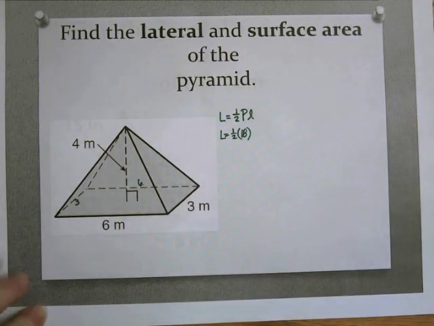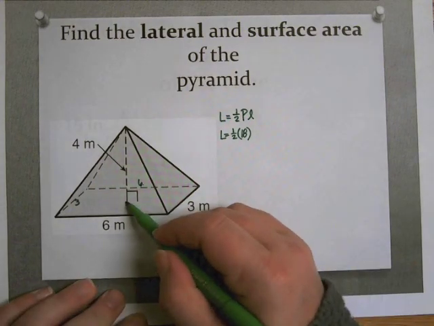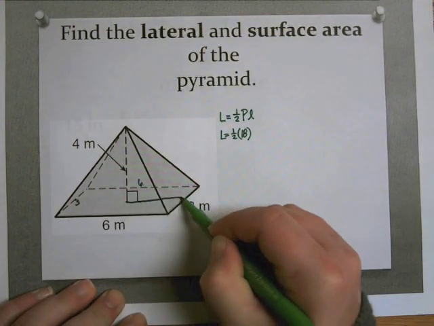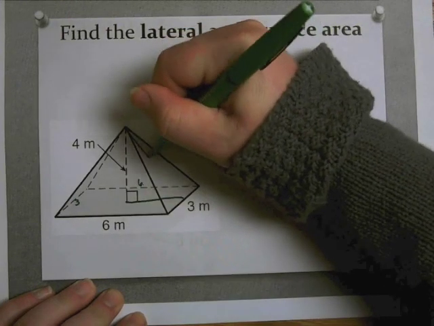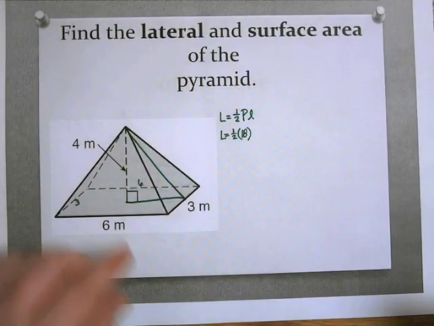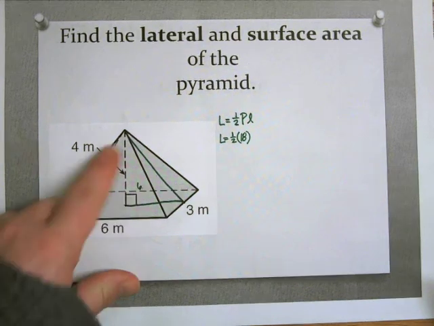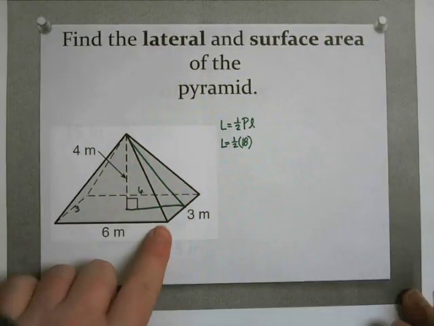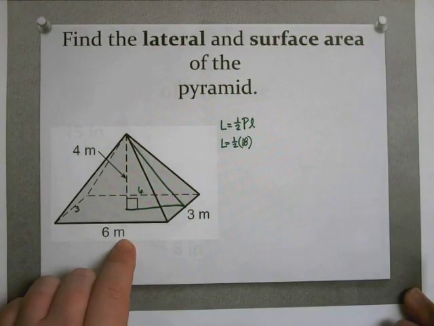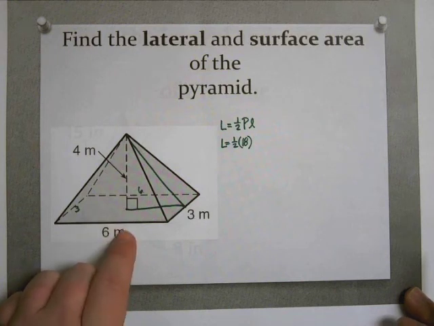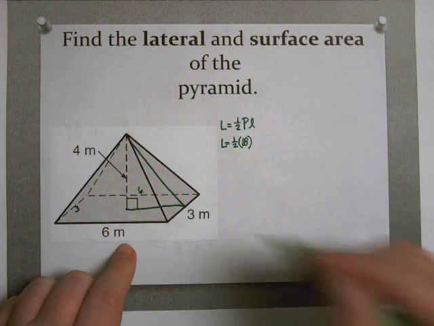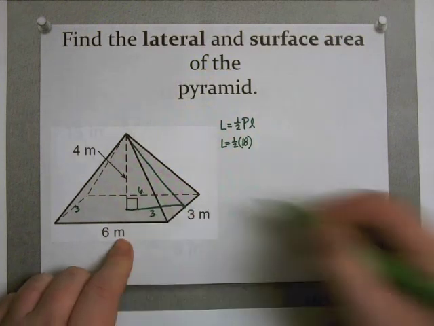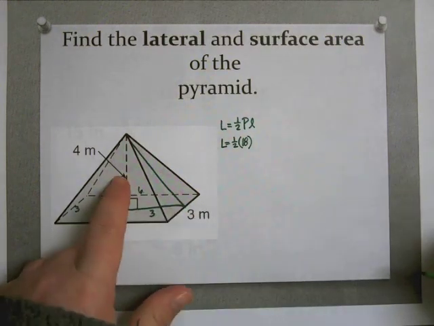Now, we don't have our slant height. To find it, I know the slant height is right here, going down this side, and it makes a right triangle with the height and half of the base. So that would be 3. So we've got 3, 4.